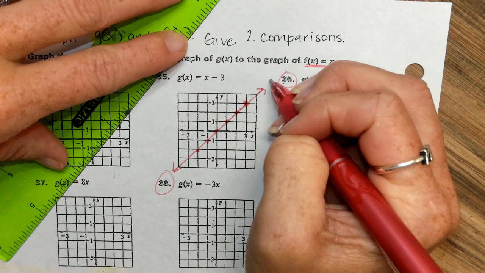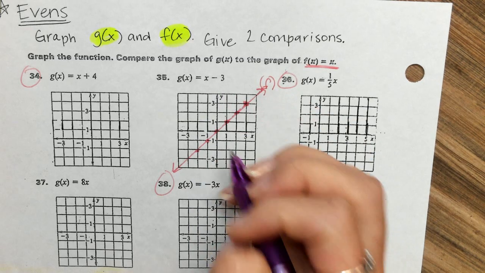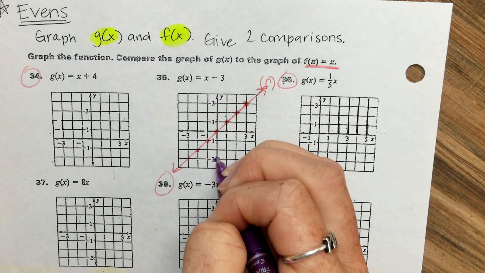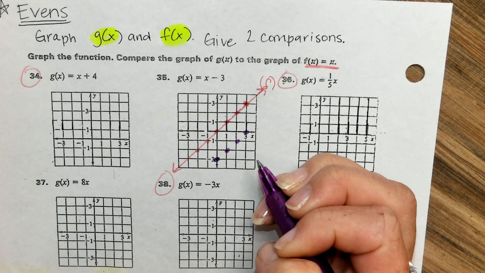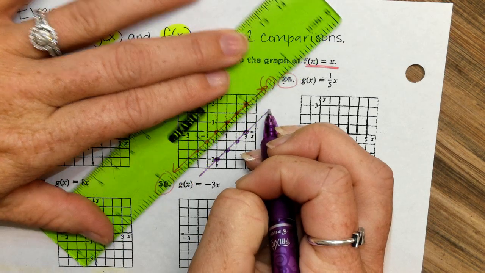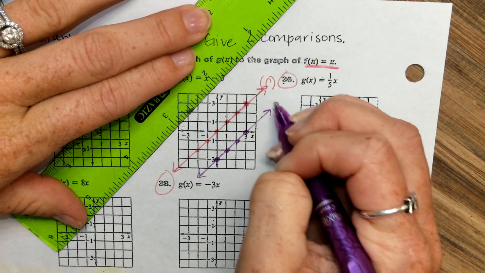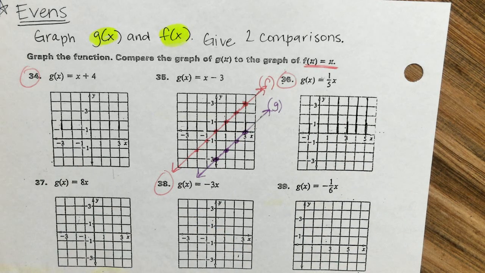And I'm going to label this F. I'm now going to graph g of x by going to the y-intercept of -3 and going up 1, right 1. I'm going to label it G. So I did the first part. I graphed them. Now what does it say to do?